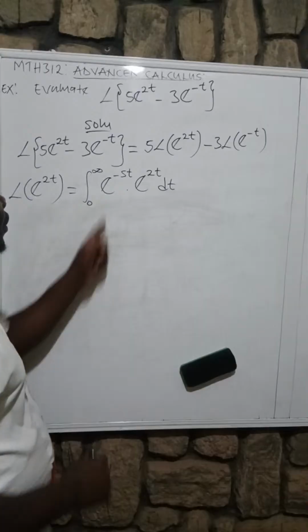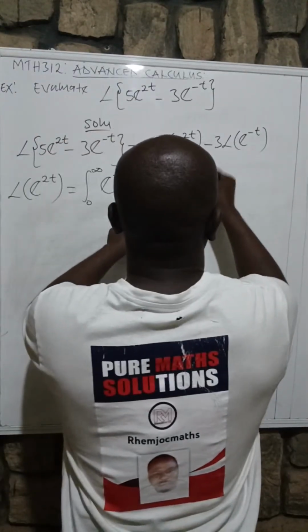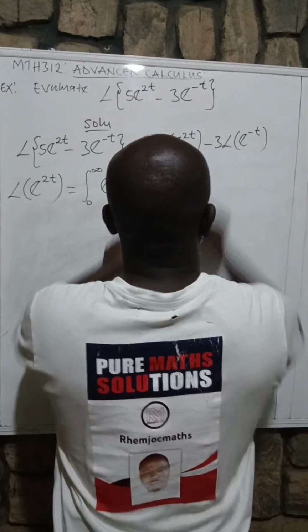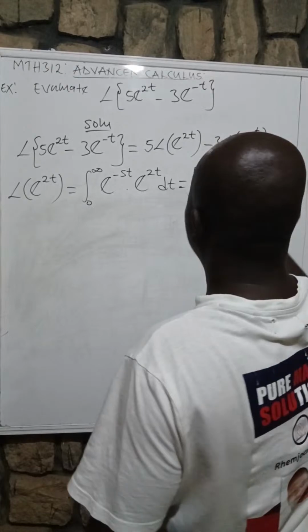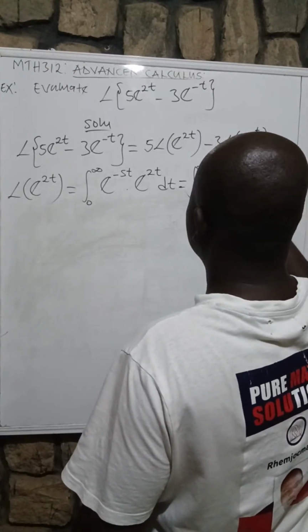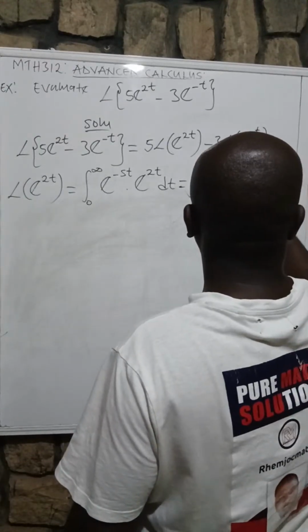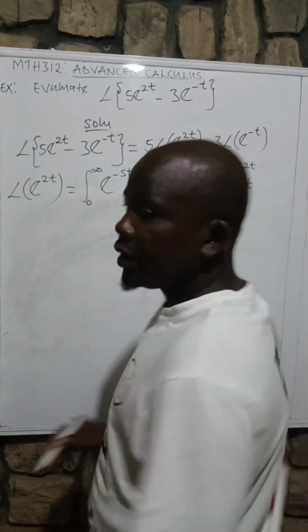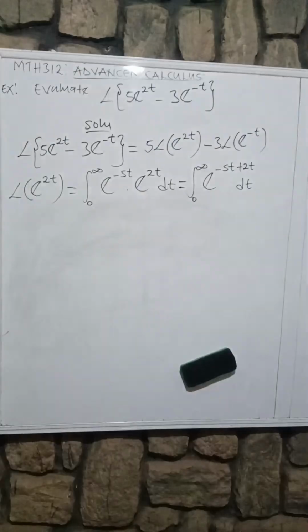True or false? Then we apply indices here. While we apply indices, we are going to have integral 0 to infinity exponential minus st plus 2t dt. Did I commit any crime? Look at the board. Is there any question? Please.